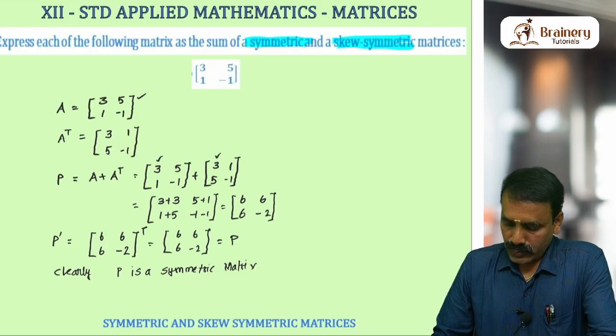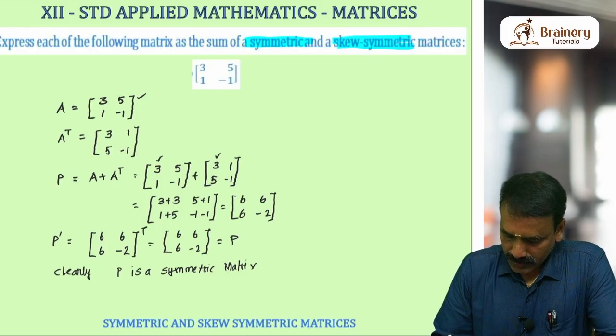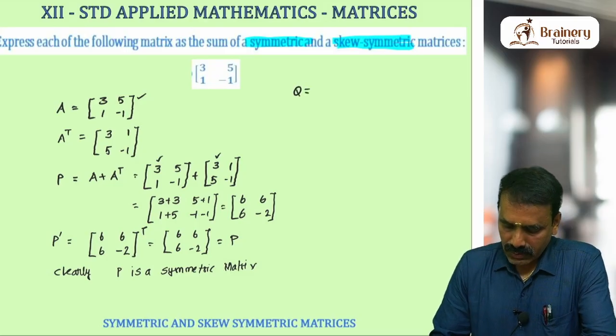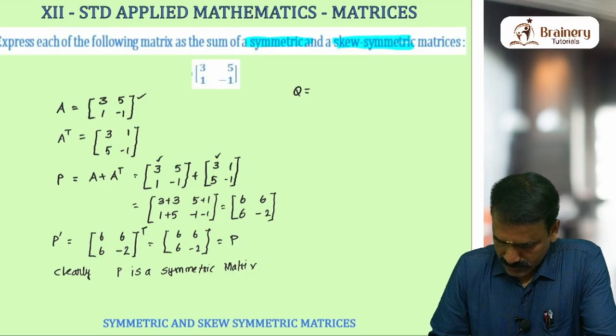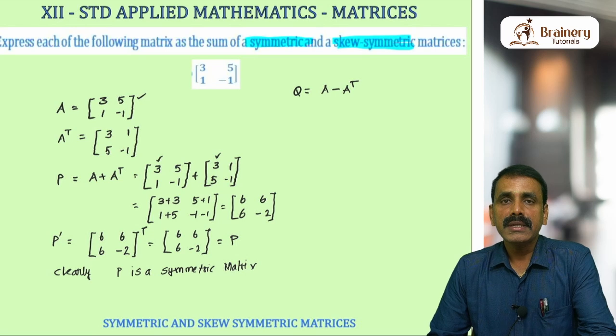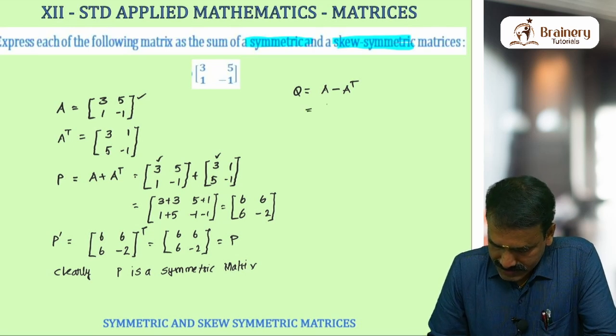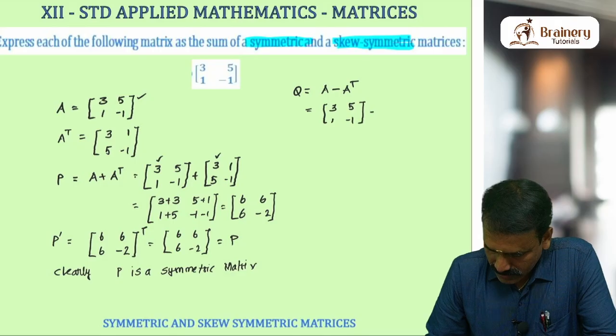Now I am going to find Q. How to find Q? Q is equal to A minus A transpose. So A matrix is 3, 5, 1, minus 1, minus of A transpose 3, 1, 5, minus 1.